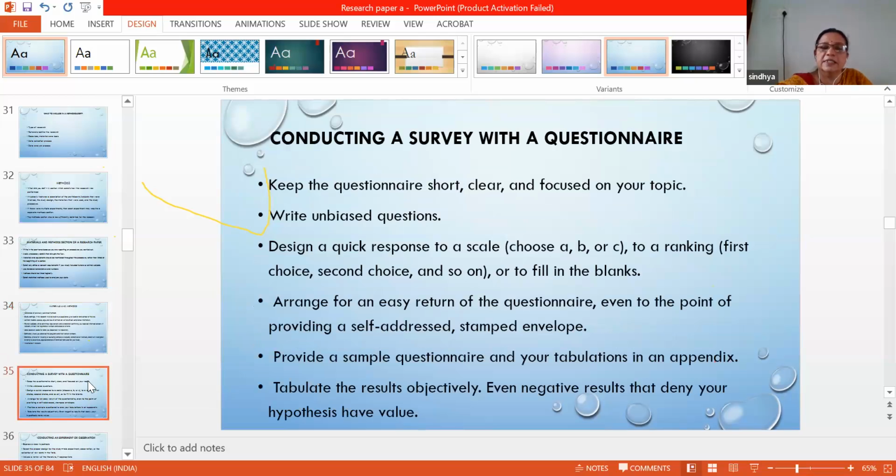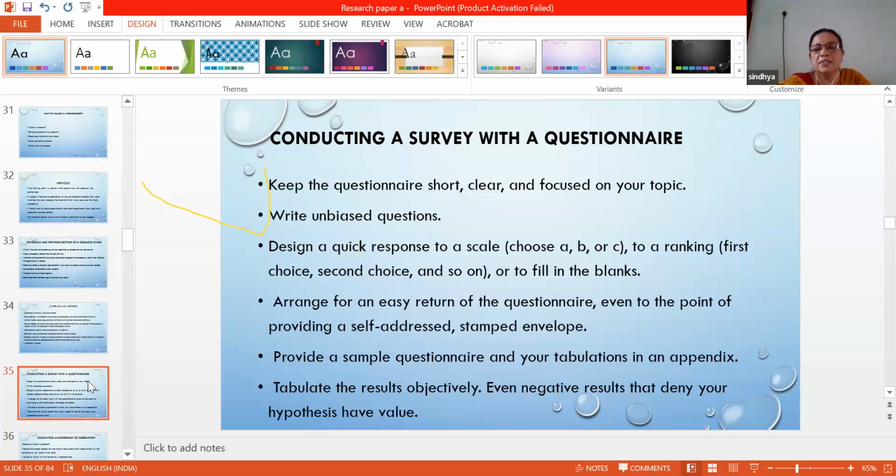And conducting a survey with a questionnaire. When you are doing research, you can either conduct a survey or an experiment. So for a research paper, a questionnaire with short, clear, focused, unbiased questions must be prepared, and a quick response scale, and easy return of the questionnaire. So the data must be available. We cannot cook data.